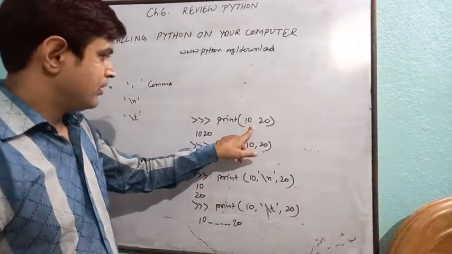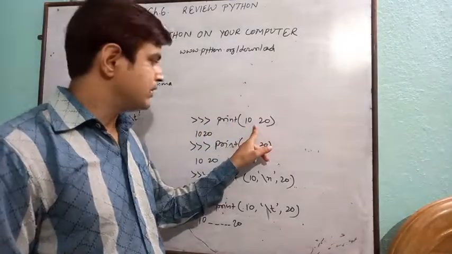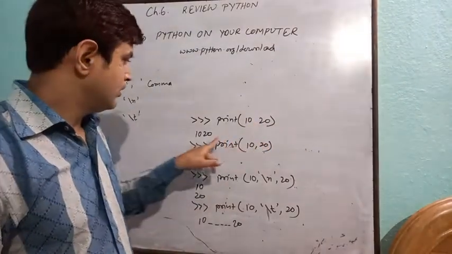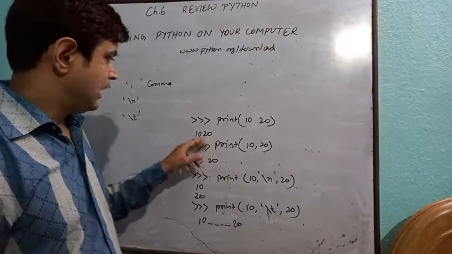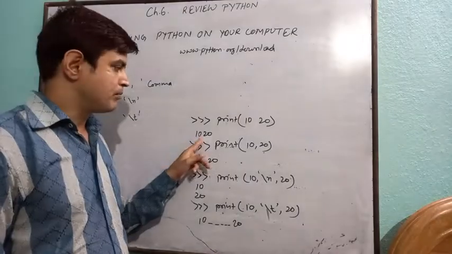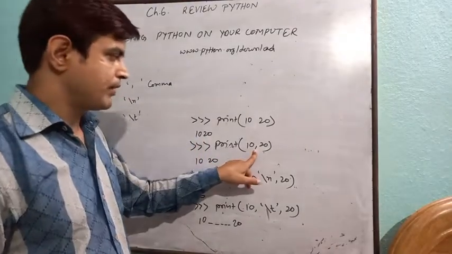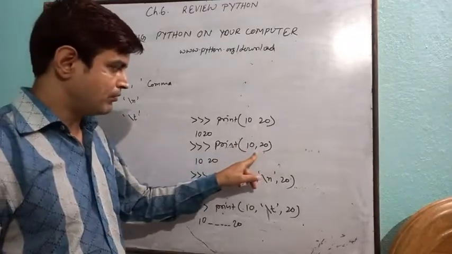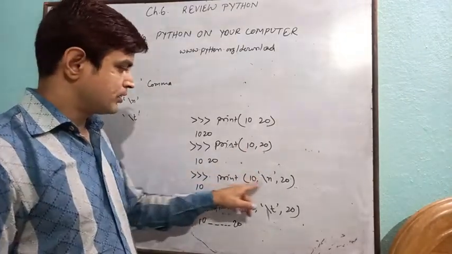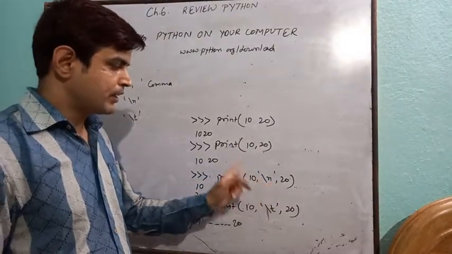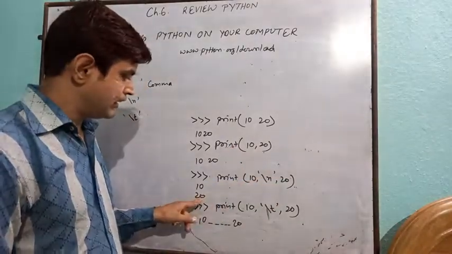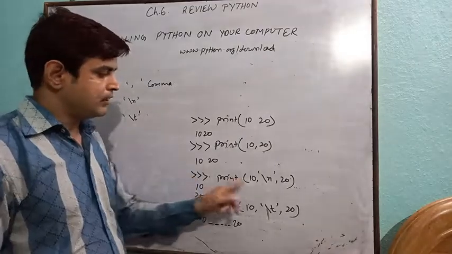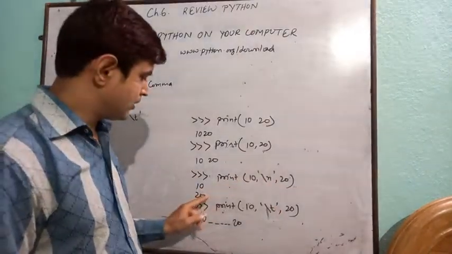Again, in the first command, I didn't use any separator but gave a space, yet the values were printed without any space. But if I use a comma separator, it will provide one space between the values. When we use /n, it displays the next value on the next line: first the value 10 is displayed, and then the next value, 20, on the next line.